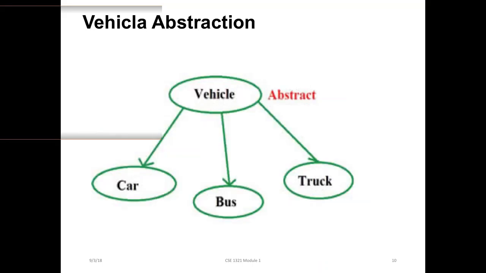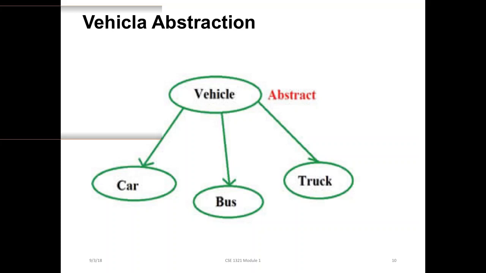There is other abstraction, like when we say vehicle. Vehicle, in general, is an abstract word. Abstract means it has no actual real thing. It is a name, called a common noun.